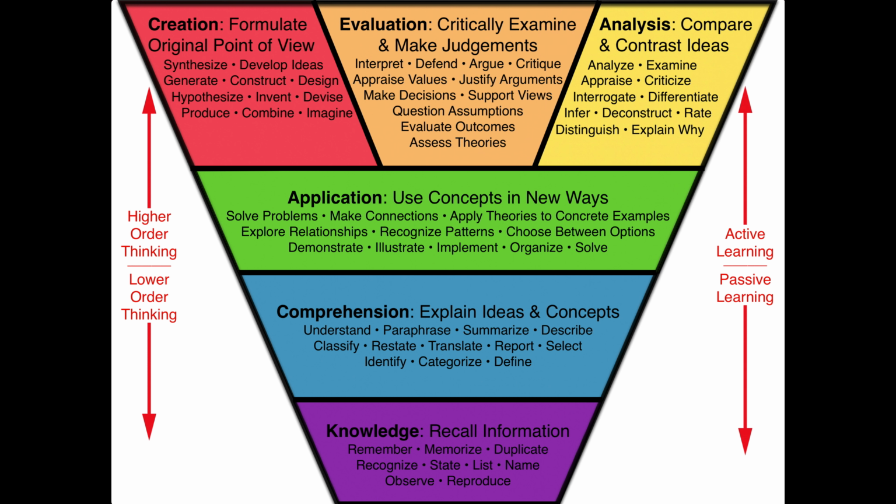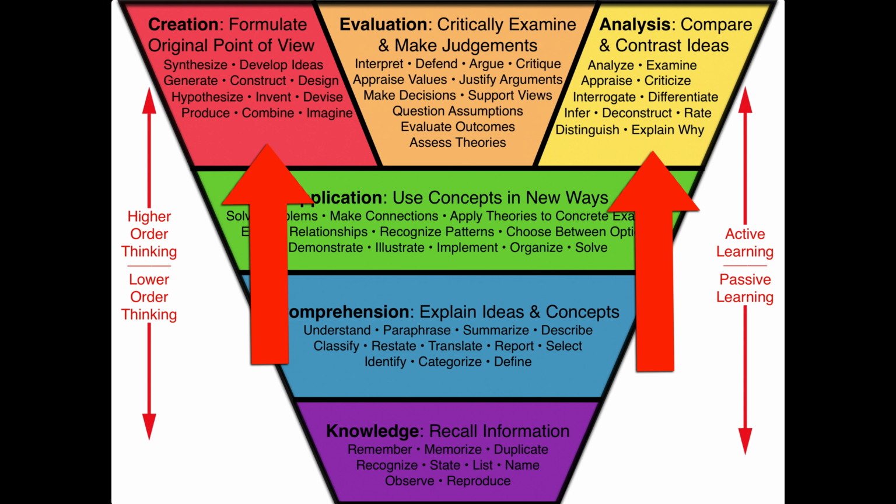For example, constructing an effective thesis, making connections between themes, assessing theories, justifying arguments with detailed examples, explaining the significance of your arguments, synthesizing ideas, explaining why, and ultimately interpreting the deeper meanings of the text. The goal of academic writing is to elevate your thoughts into the higher-order thinking skills.